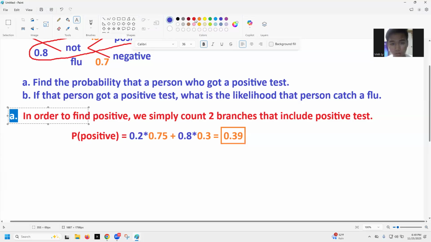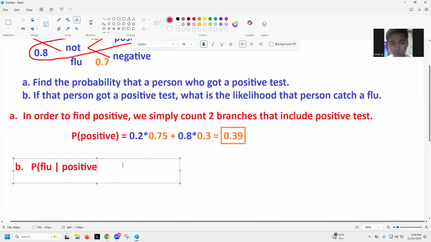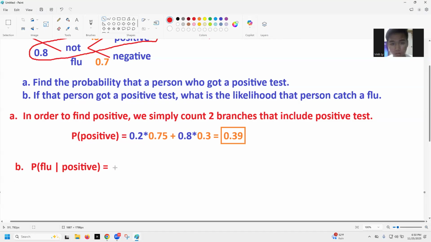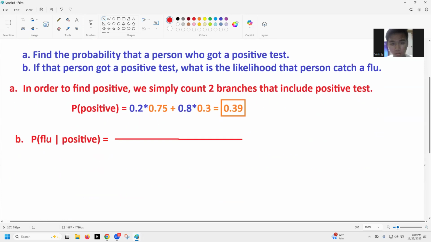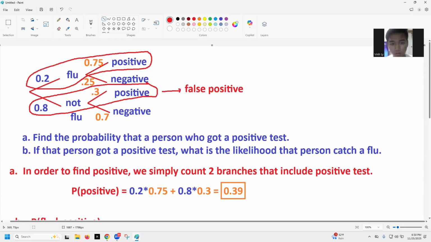I want to find the likelihood that a person caught a flu, given that the person tests positive. Right? So now we just look at the ratio. Which branch indicates the person who got a flu, given that the person tests positive?